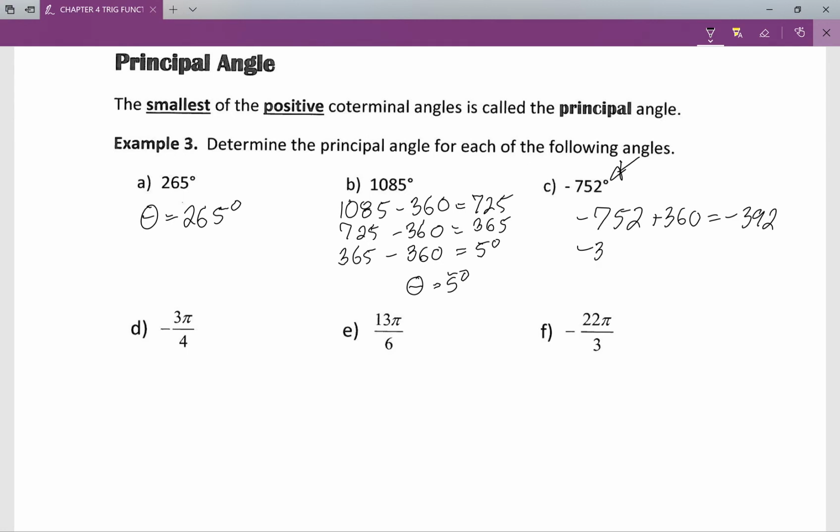I go negative 392, and I add 360, which would give me negative 32, and I go negative 32 and I add 360, which will give me 328. So here, again, my principal angle is going to be theta equals 328 degrees.